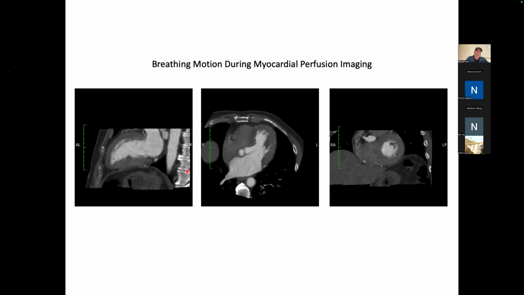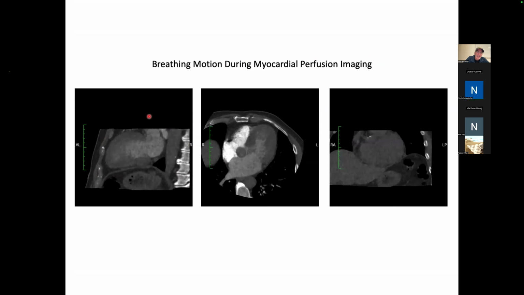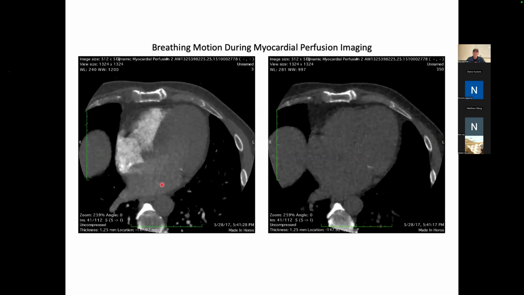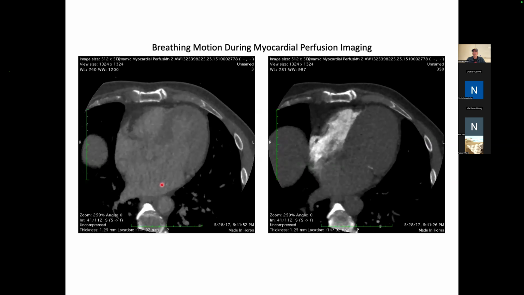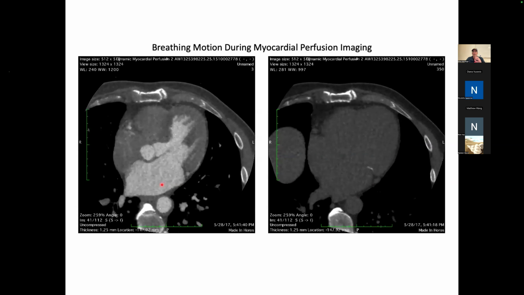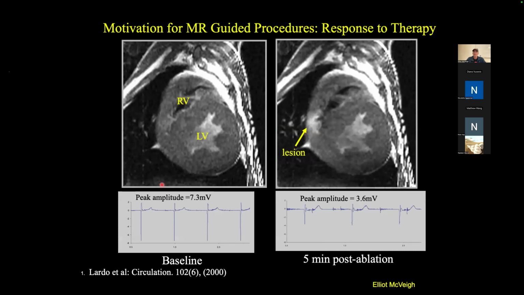We really don't care about the spine. What we really care about is this part right here. Is this heart always going to look the same? And this is now done on all perfusion cases fairly successfully. And so this is what the perfusion then looks like after the correction is done.